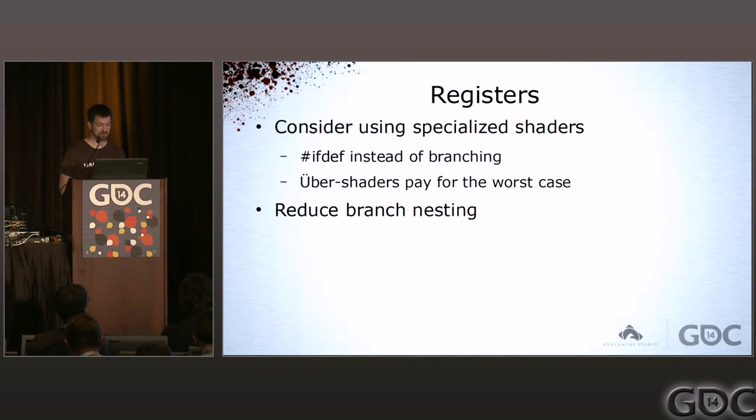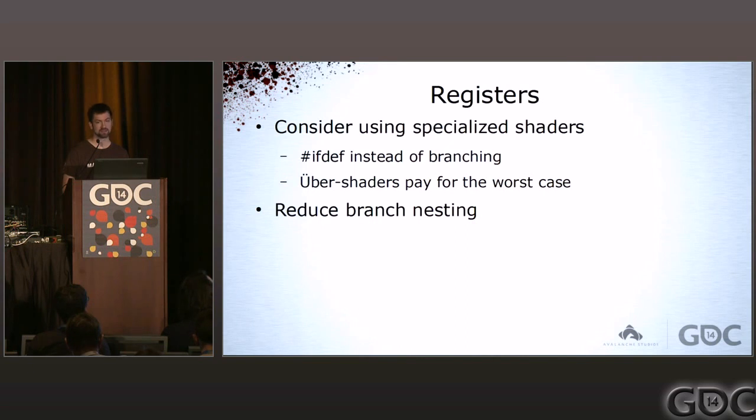Another thing you might consider is to use a specialized shader. If you have a big Uber shader, you're paying the cost for the worst case in terms of registers. So if you can make at least a few specialized shaders and cut away features that you aren't using, that will give you a faster shader and fewer registers.